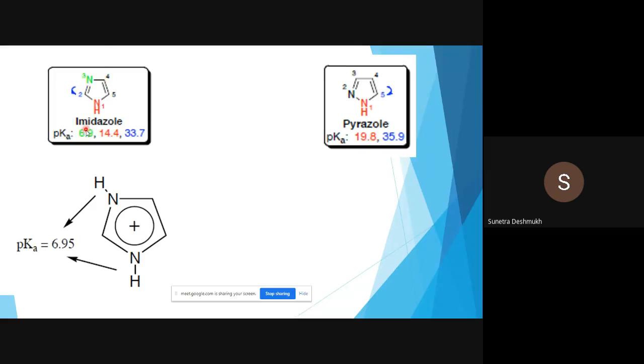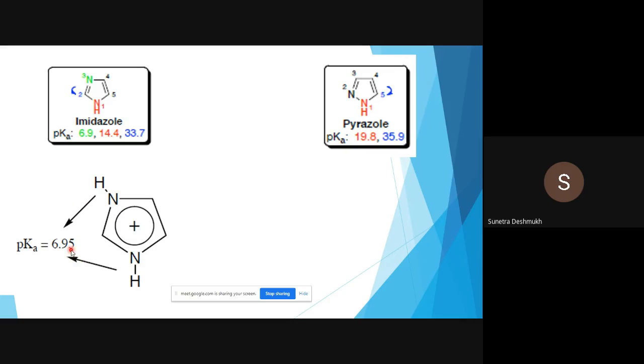Here in imidazole, the pK value of the other nitrogen atom, which is in green color, that one is 6.9. Okay, so these values indicate something different. So 6.9, 14.4, 33.7, all values are totally different from each other. So now we will see protonated imidazole here. What is the pK value of this NH or this NH?